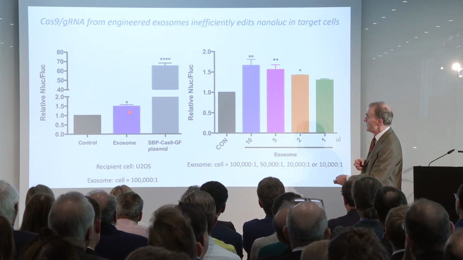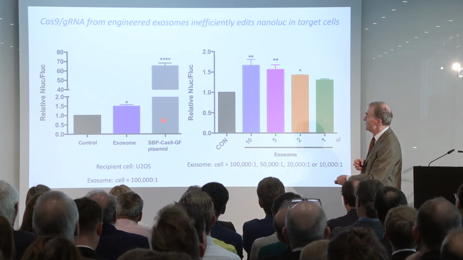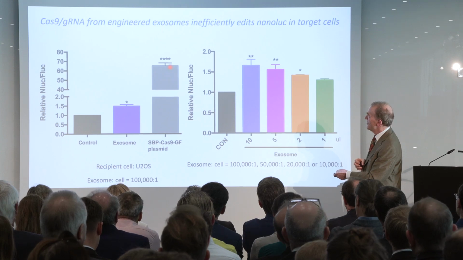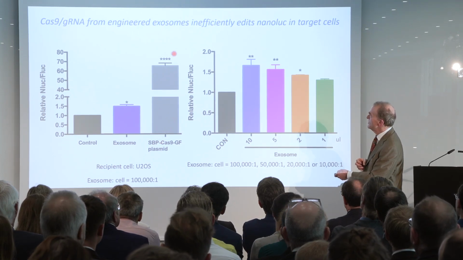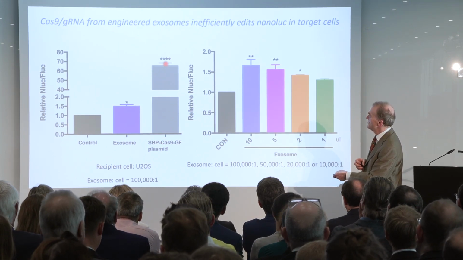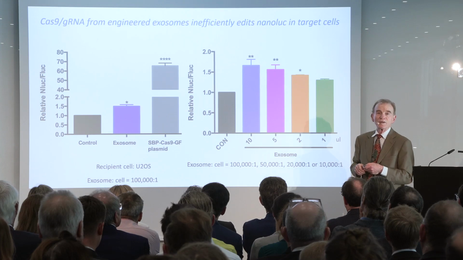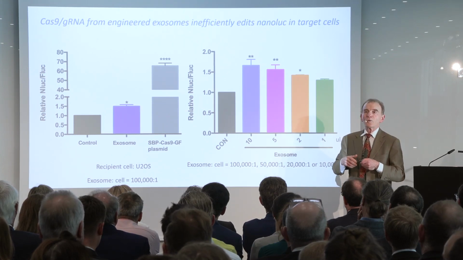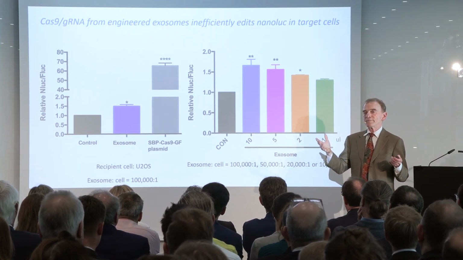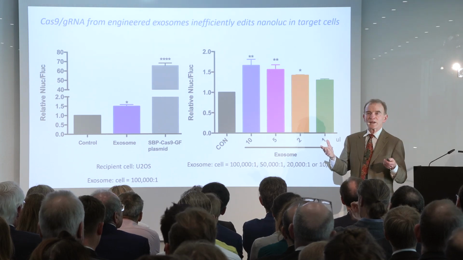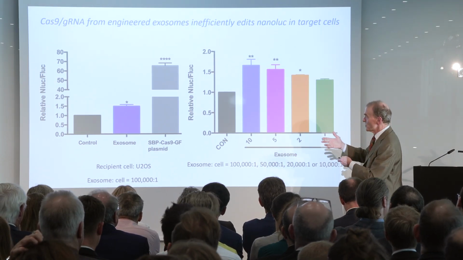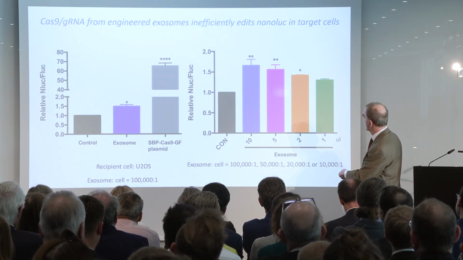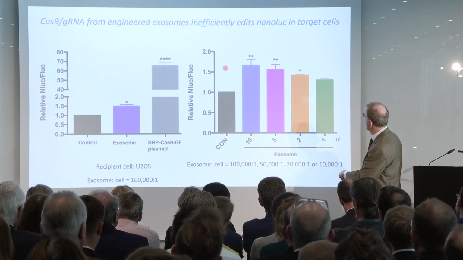This, in spite of the fact that if Cas9 and guide RNA are expressed directly in the tumor cell line, there was a 70-fold increase in the expression of N-luciferase. So what happened? What went wrong? Well, there are many possible explanations, but the signal is real. This modest signal is real. It seems to be dose-dependent, as you see here.